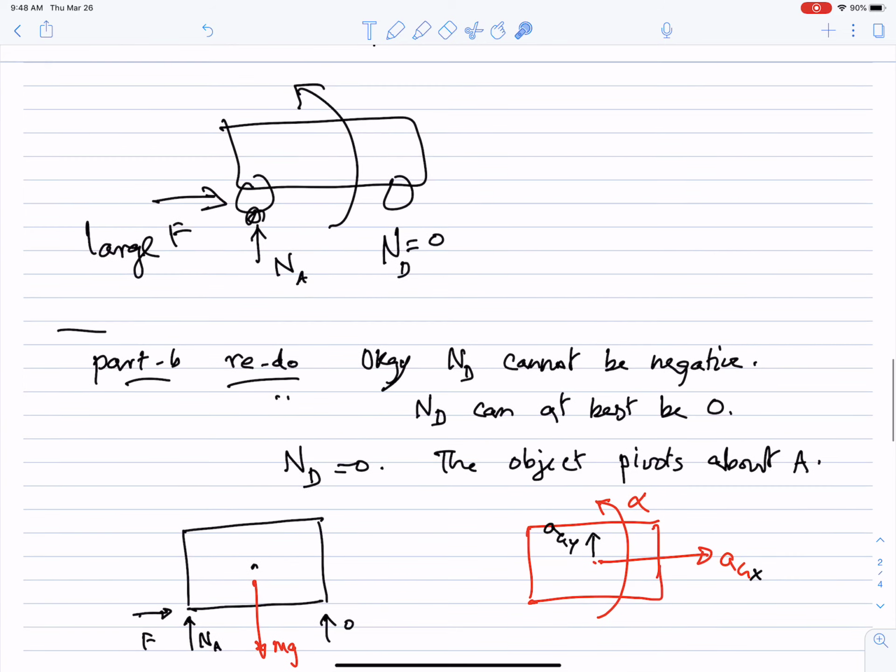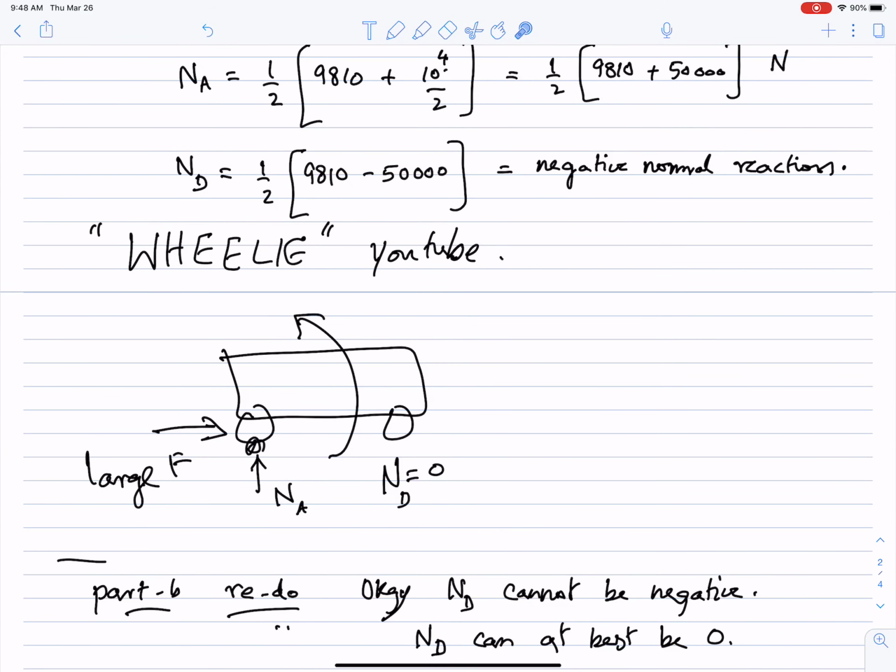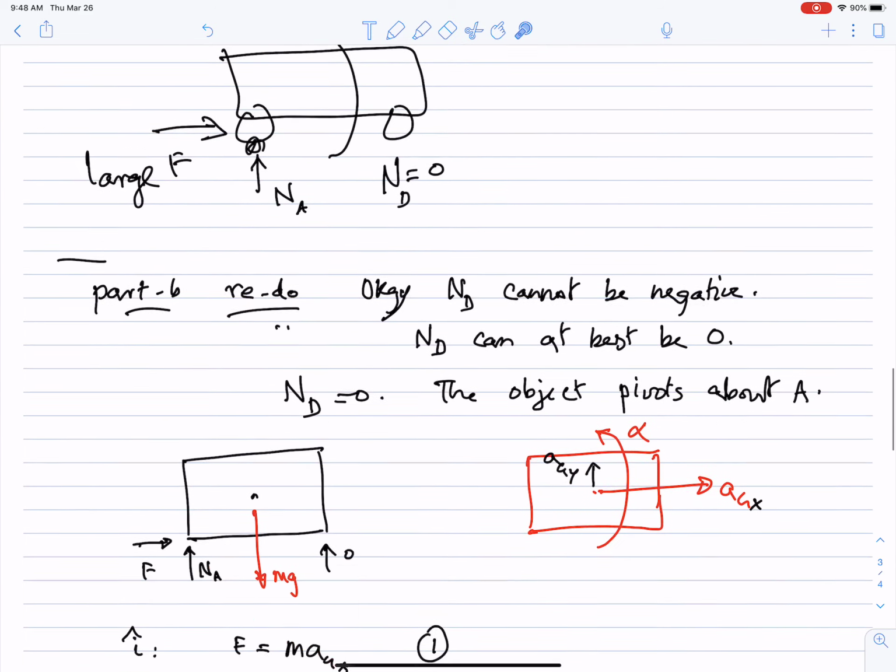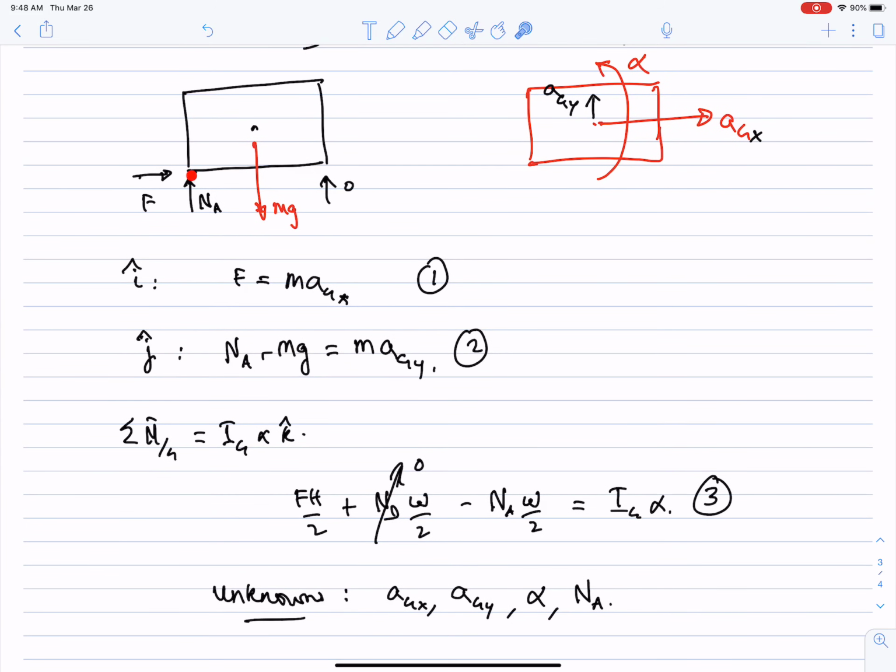If you have not seen videos of wheelies, you should look up YouTube videos of wheelies. So that's what happens in a wheelie, where the rearmost point is in contact with the ground, whereas the foremost point sort of takes off.